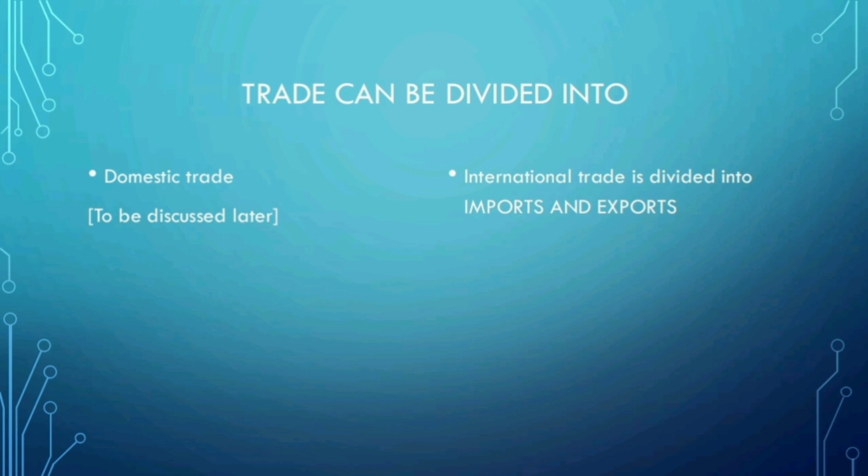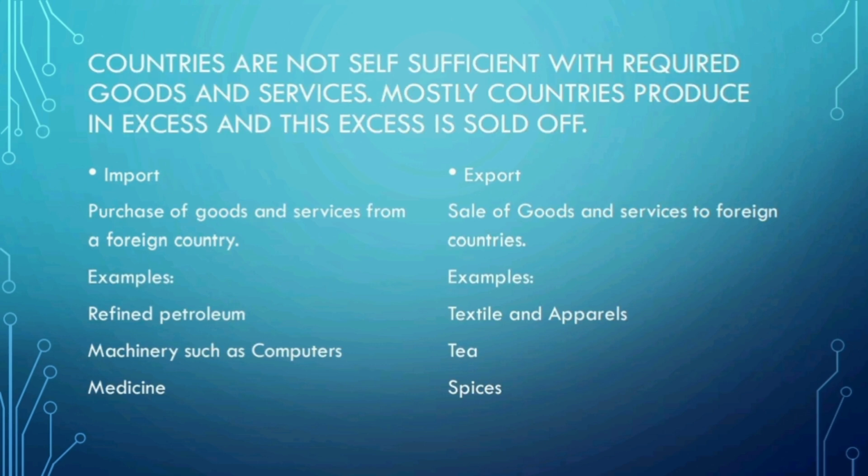Domestic trade you have already studied previously, which we will touch on in the next few chapters. But let's come back to our main topic, international trade. Again, international trade is divided into imports and exports. So we have imports and we have exports. What is import and what is export?